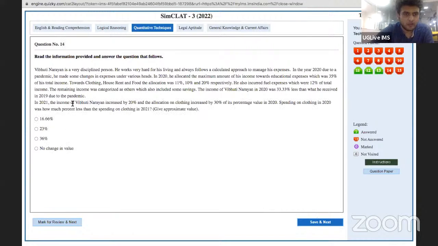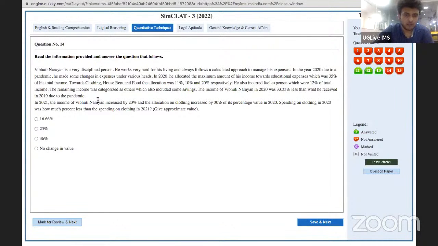Okay, in 2021 the income of Vibhuti Narayan increased by 20% and the allocation on clothing increased by 30%. Spending on clothing in 2020 was how much percent less than spending on clothing in 2021? ठीक है, क्या पूछ रहे हैं?